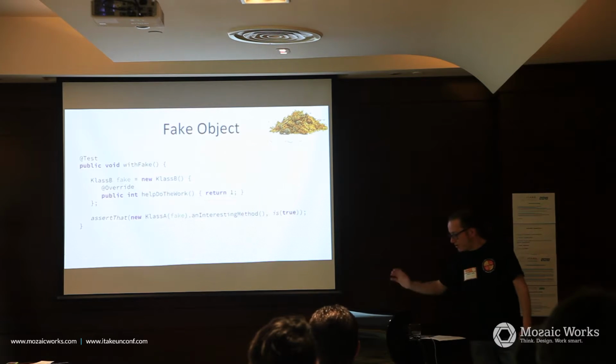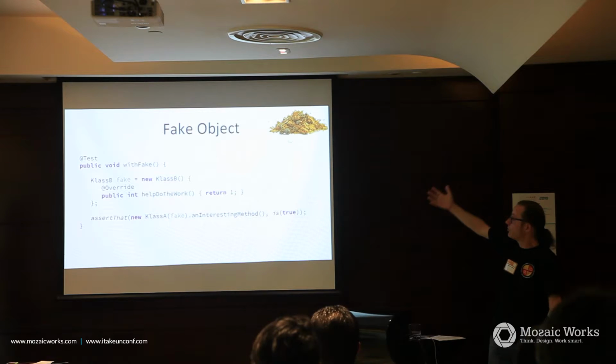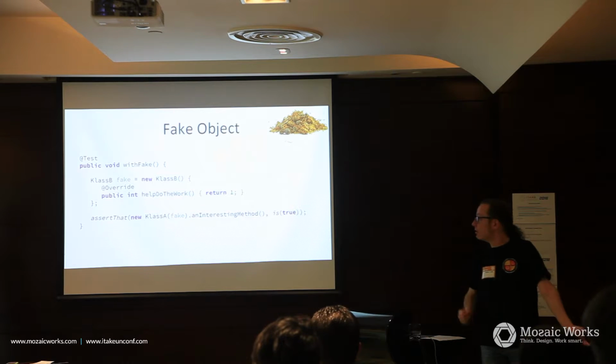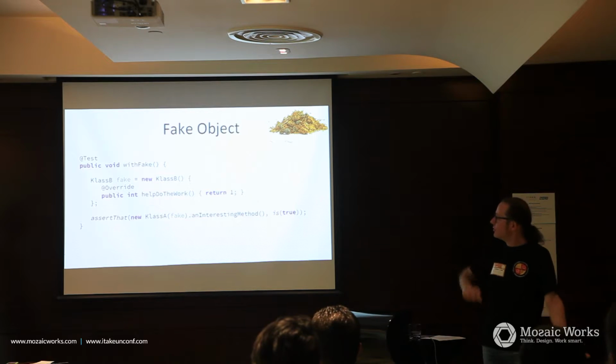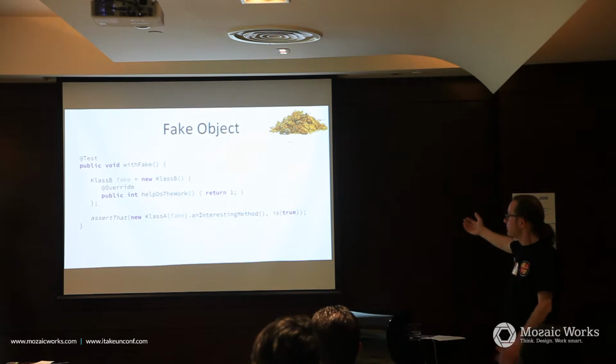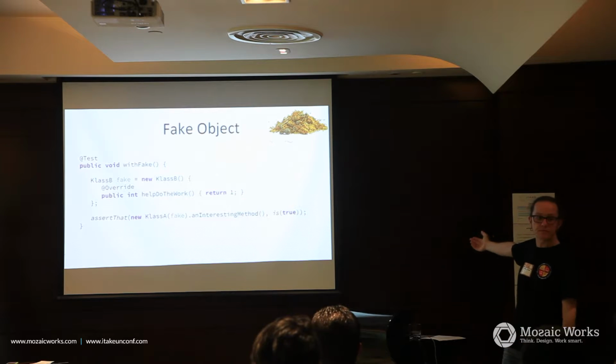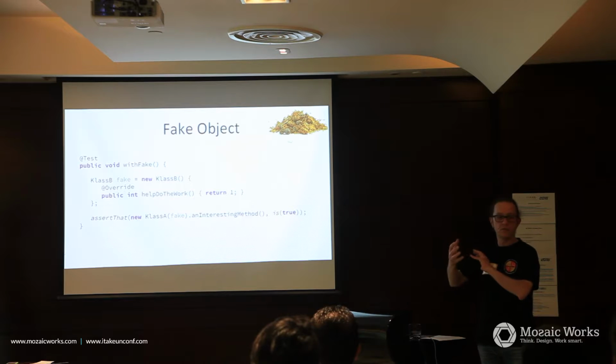A fake object in this case could be implemented like that. We make an anonymous subclass of class B, override the help do the work method and return some value, and then the call is the same. So this is the difference between a stub and a fake.